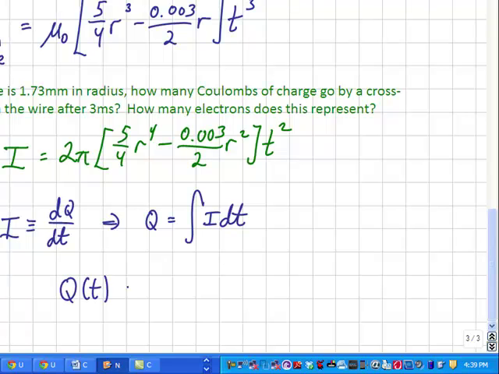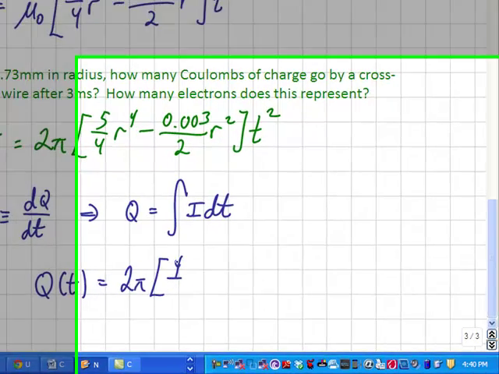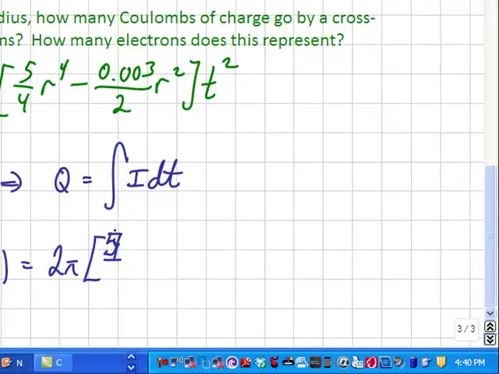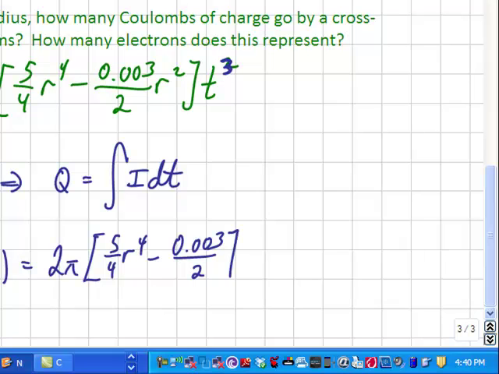And what I get when I integrate this in my head, which is, of course, always dangerous, is not much happens in the inner part of our brackets right here, but the t, this should have been a t to the 3rd right there. But the t to the 3rd is going to go to a 1/4 t to the 4th. And we're integrating from 0 to 3 milliseconds.